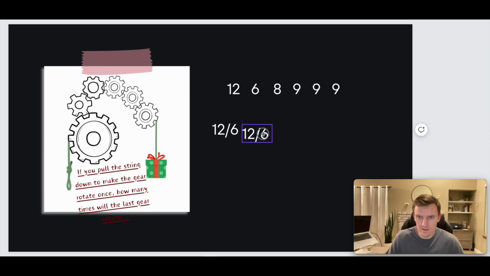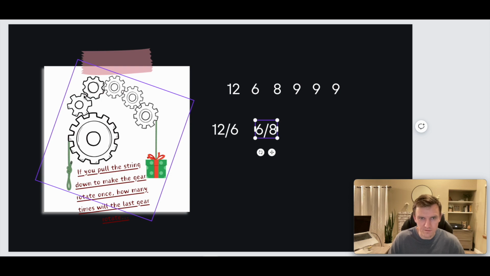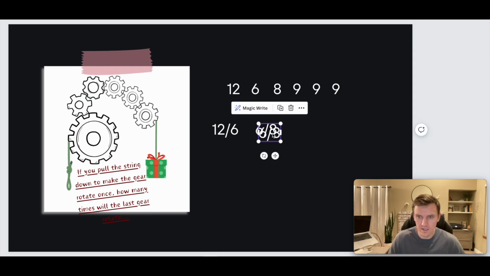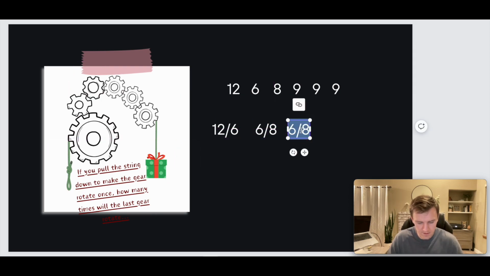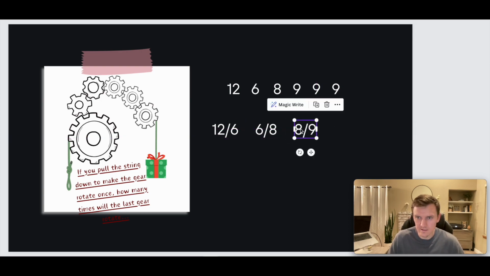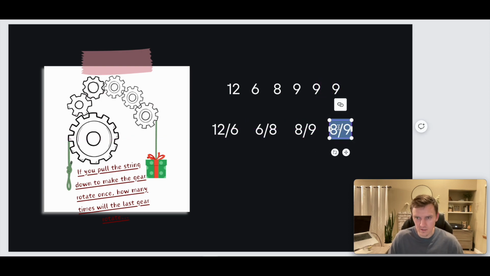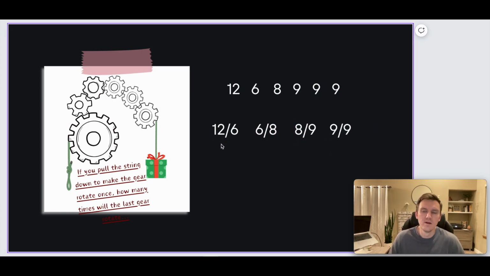And then the second one would be 6 over 8. That would be the gear ratio from this one to this one. And then 8 to 9, 9 to 9, so on and so forth, which of course those don't really matter because it's all 1-to-1 gear ratio. So we'll just do one of them for now.